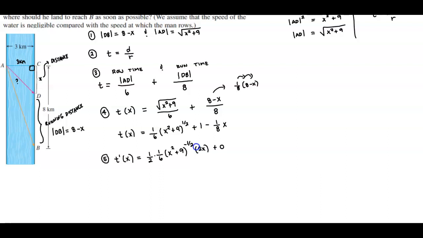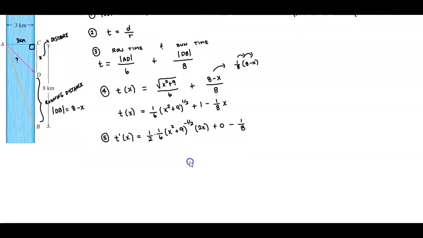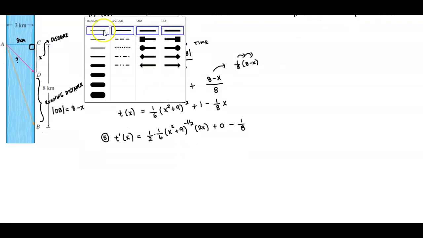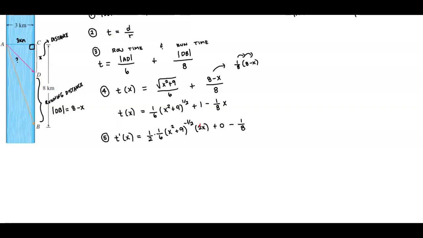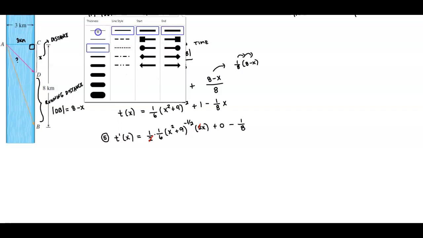And the derivative of negative 1/8 x is minus 1/8. Okay, so now let's go ahead and simplify as much as we possibly can. When we multiply this 2 and that 1 over 2, it's going to give us 1. And then we're going to have that x in the numerator.